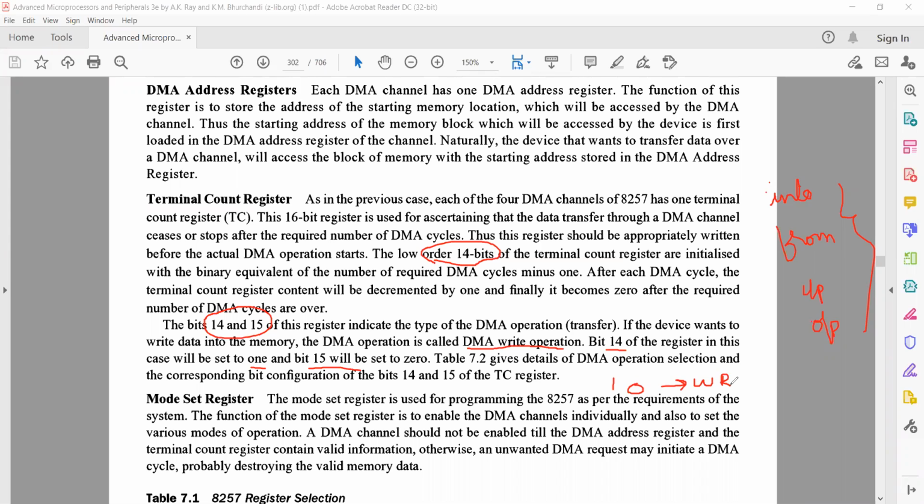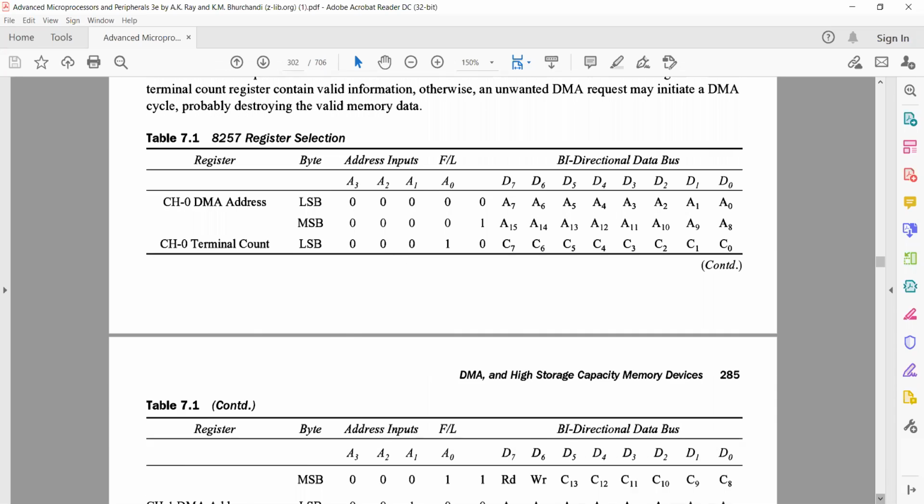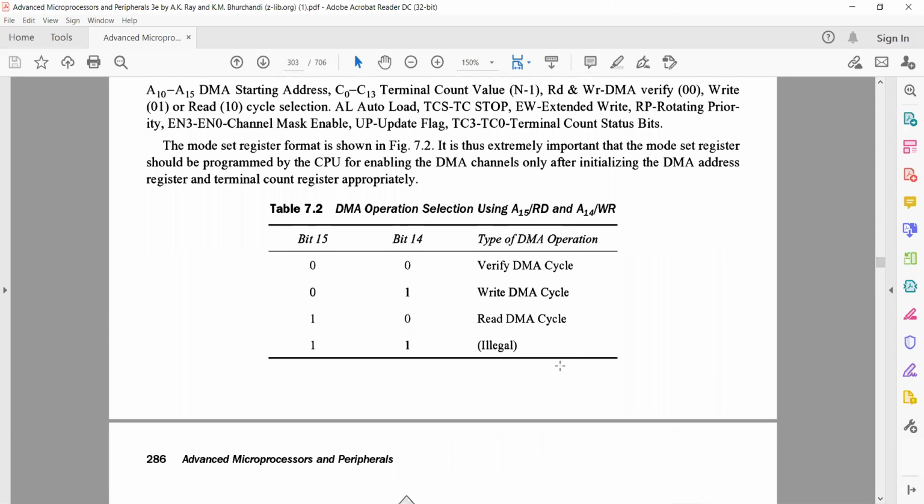That is indicated in the table here, lower down. I'll show you that. Just a minute. So this is the thing here. If bit 14 and bit 15 are 0 0, they indicate a verify DMA cycle.